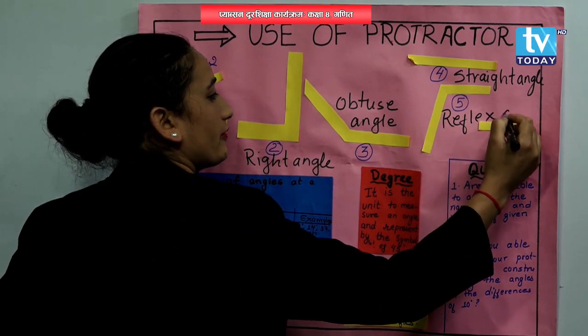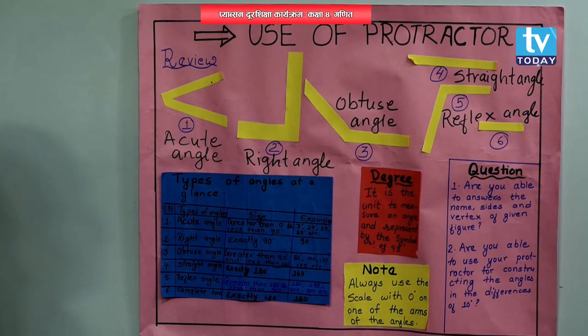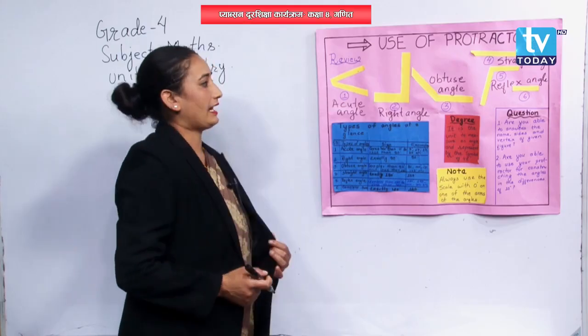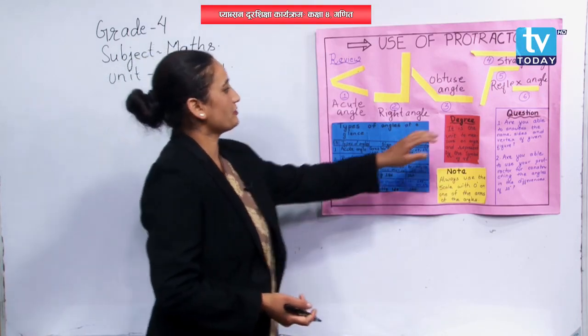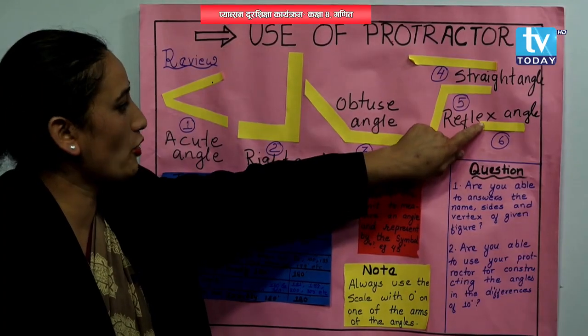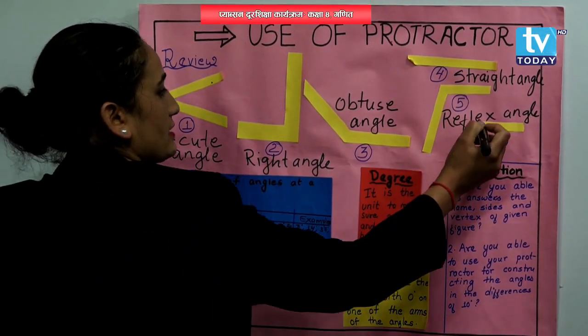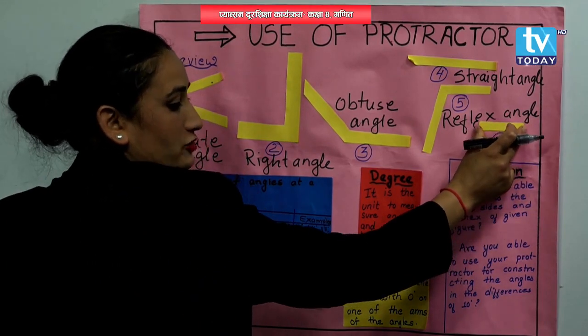It's called a reflex angle. Now, which angle is left? Tell me. It's number 6. Have you noticed I have bounded two lines here, up to a single point, and this line comes here, and it comes back to the same point.